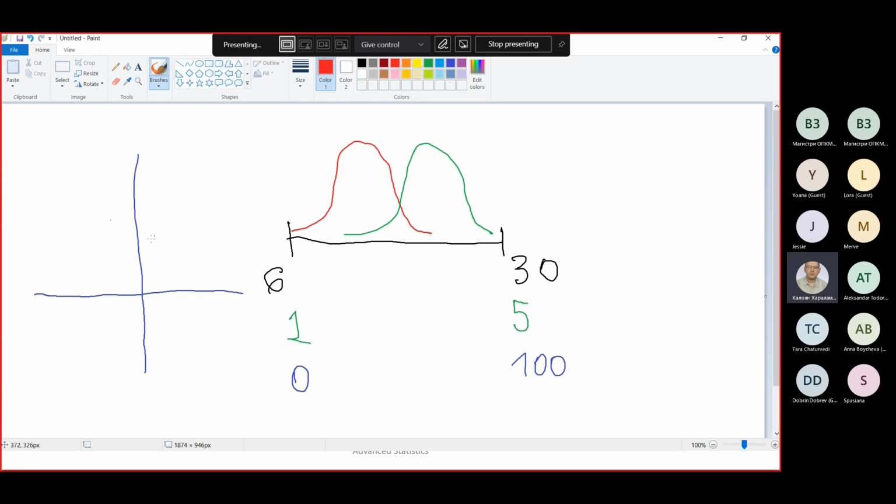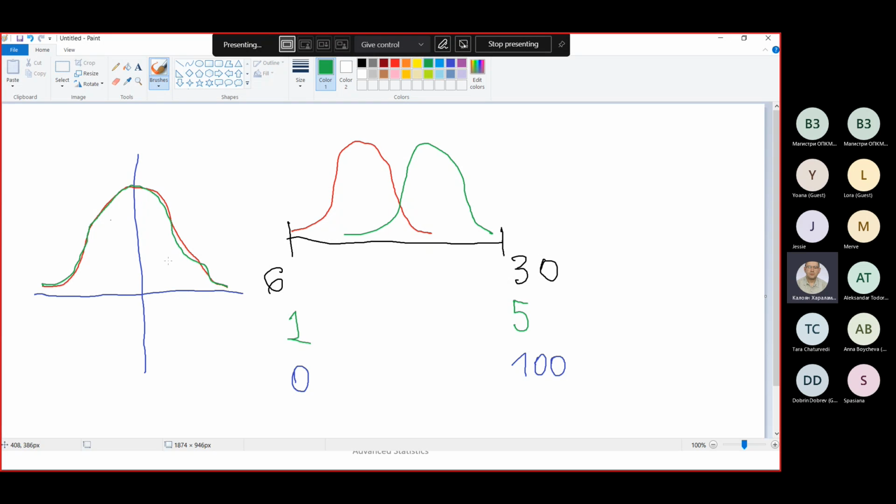Then this red distribution will be here, and green distribution will be also here. And these two distributions will become equal, will become the same.